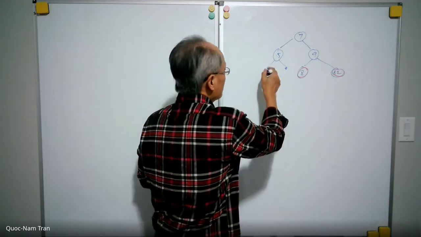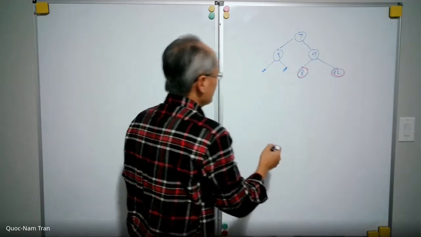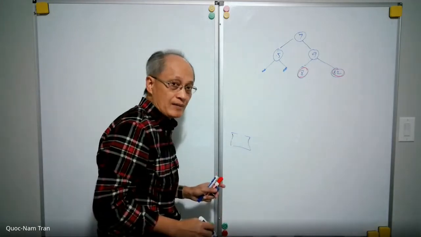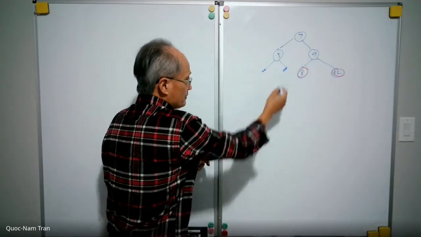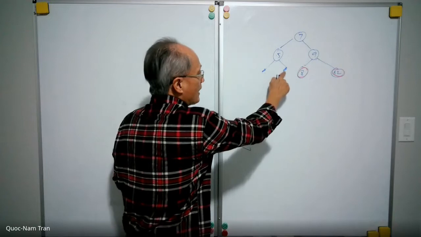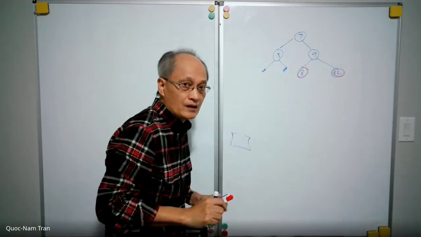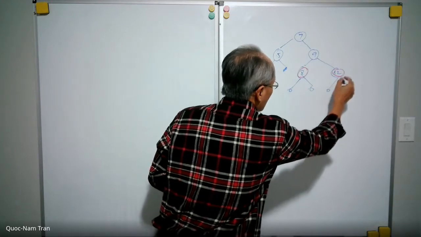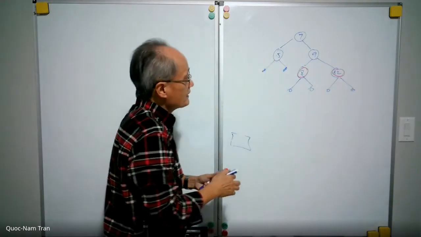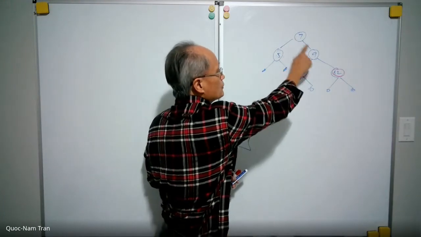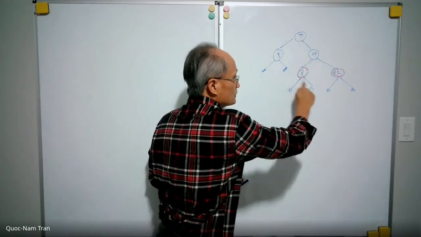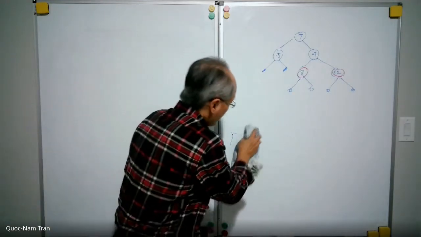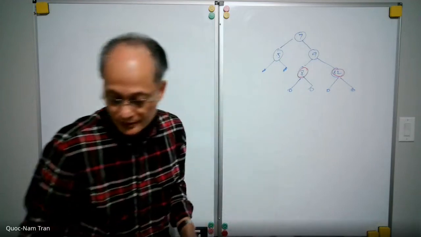Null can be something like this: it's just a pointer that points to an empty node, and everyone will point to that, or we just keep an empty or null node here. So everything will have a null node. From here you can see that every node has two children. That is another property of a red-black tree.